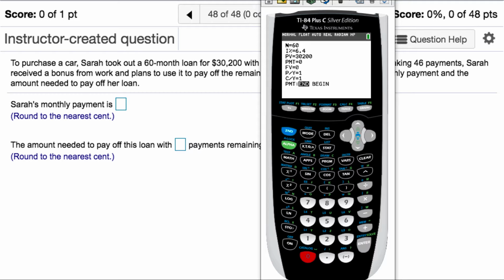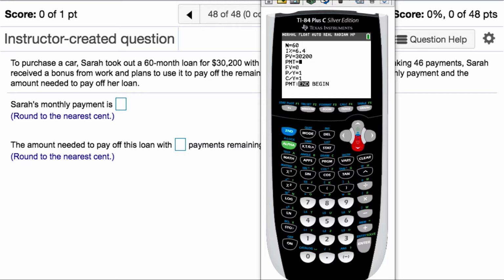So maybe the car cost more and she put down a down payment. We don't know. Remember that all that matters for the present value is the loan amount. It doesn't matter how much the car cost. So maybe the car was $35,000 and Sarah put down $4,800 as a down payment. Regardless, again, only the loan amount matters for the present value.